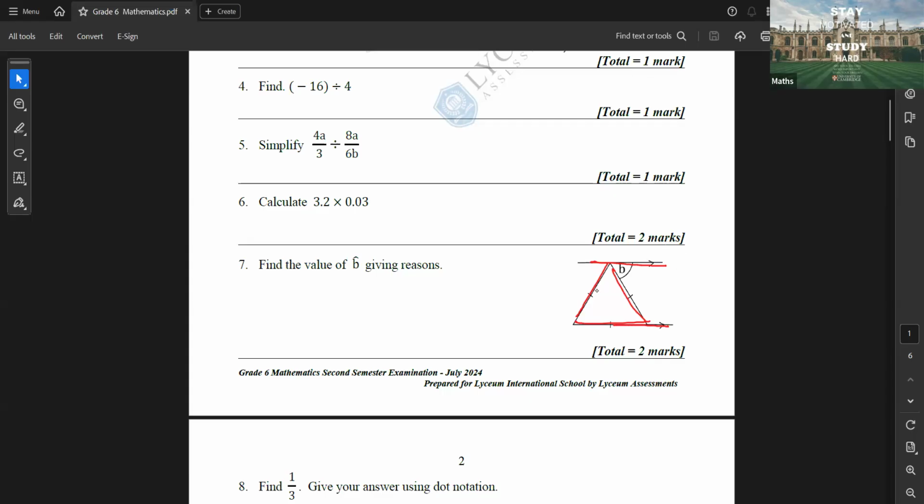So guys, if all 3 sides are equal, we call that triangle an equilateral triangle, where each side is equal. So each angle is how much? 60 degrees. 60, 60, 60, 180. So you can see, since these lines are parallel, there is a Z here.